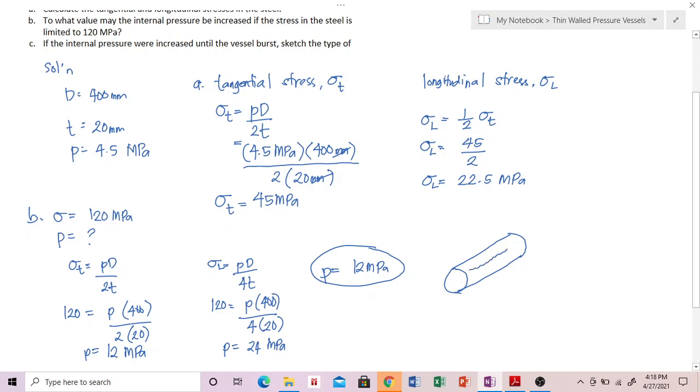So when it comes to tangential stress, ito ang failure. Kapag naman longitudinal, ang failure class is, anyway, mas nauuna namang mag-fail lagi yung tangential stress. Pero kapag, ito ang bumibigay, ganyan. No? Kapag longitudinal stress.